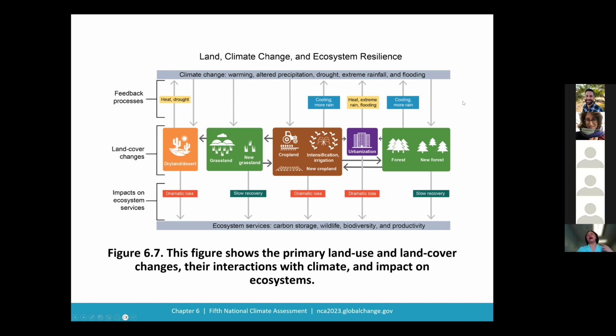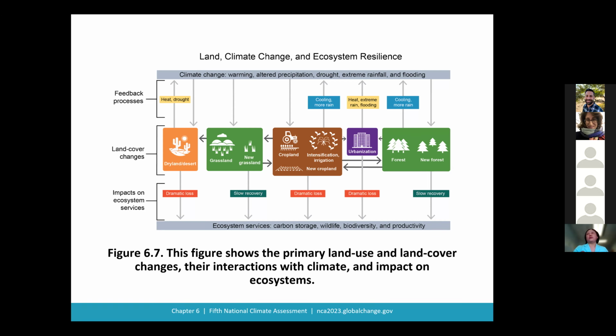And you can imagine that the loss of the forest would be the other way around. If you have conversion of the forest to urban land, then we expect to see an increase of temperature, probably a decrease of the rain amount, even though you might look at more intense rainfall.